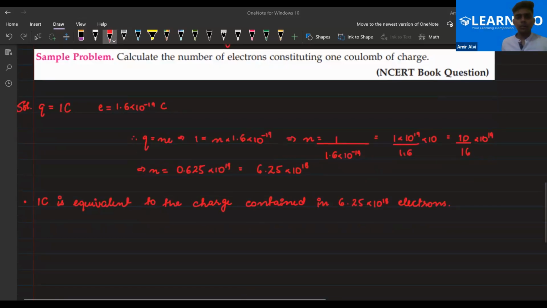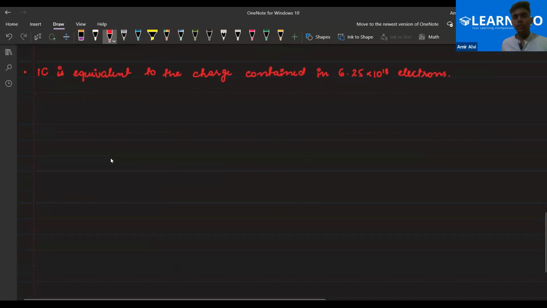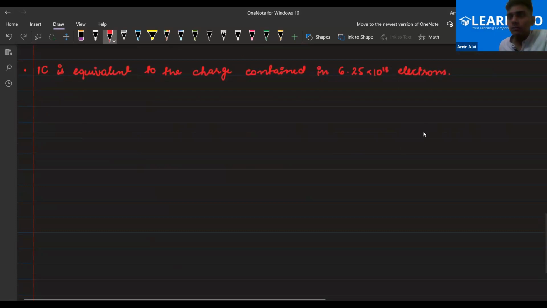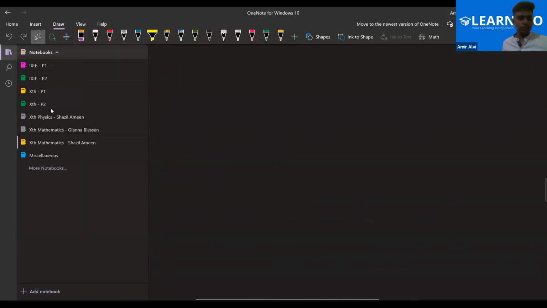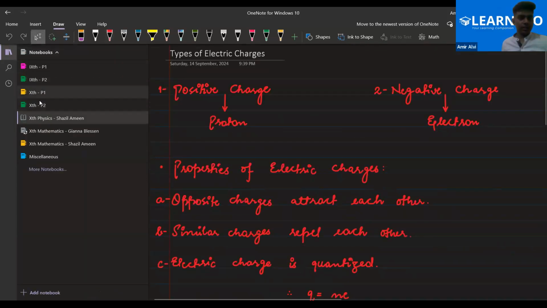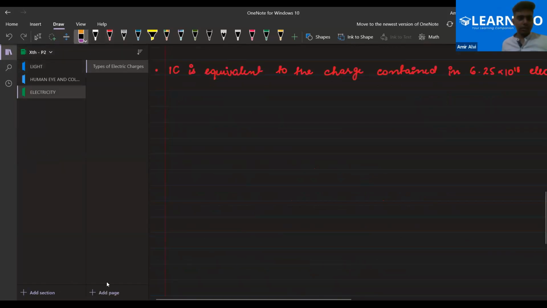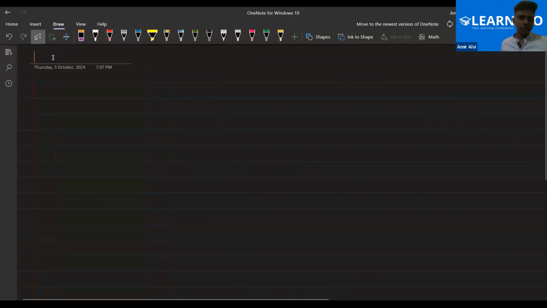It is not really a new topic, but some part of this topic: conductors and insulators.